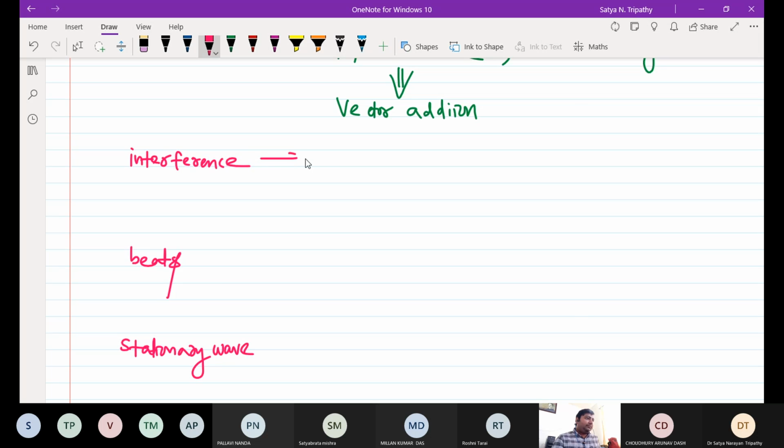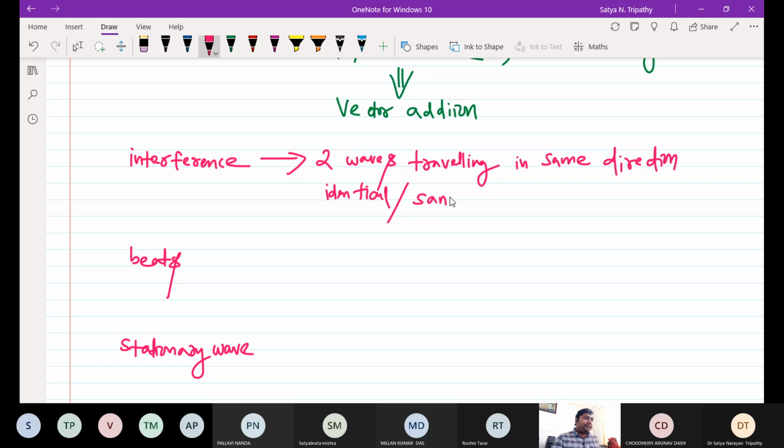Interference means two waves traveling in the same direction. This is important. And identical or same frequency, and in phase. Coherent waves, you call them coherent waves, right?